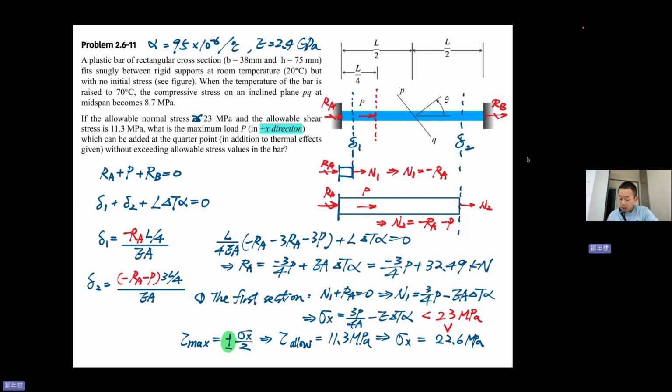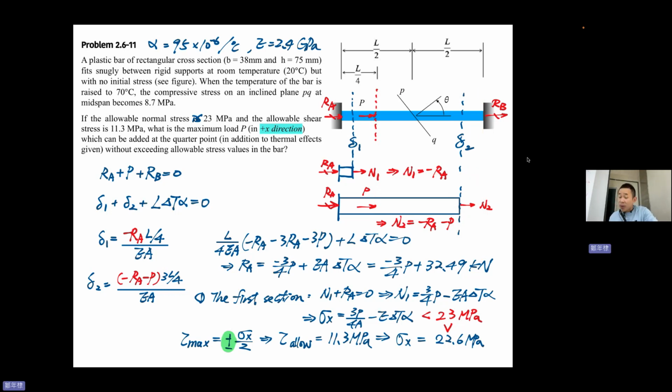3/4L. So I just cut here and use the left-hand side to balance the force. And remember that when we calculate delta 2, we need to use 3/4L, because N2 acts over the distance of this length, 3/4L.